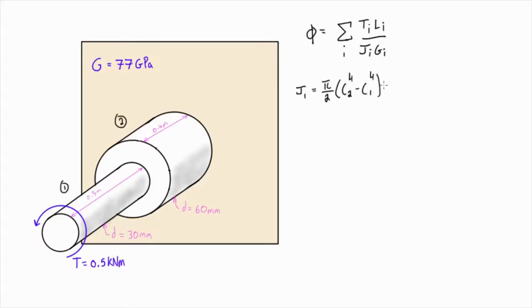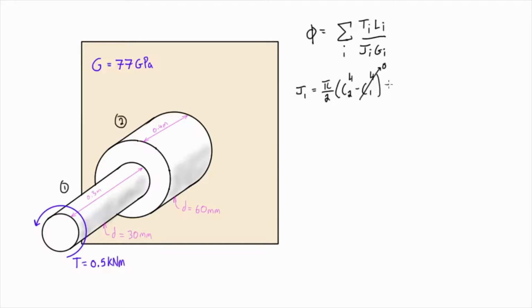That was from the previous videos, where c2 is the distance from the axis out to the outer surface of the rod, and c1, if it's a hollow member, is the distance to the inner surface. This is a solid member, so c1 is just going to be 0.